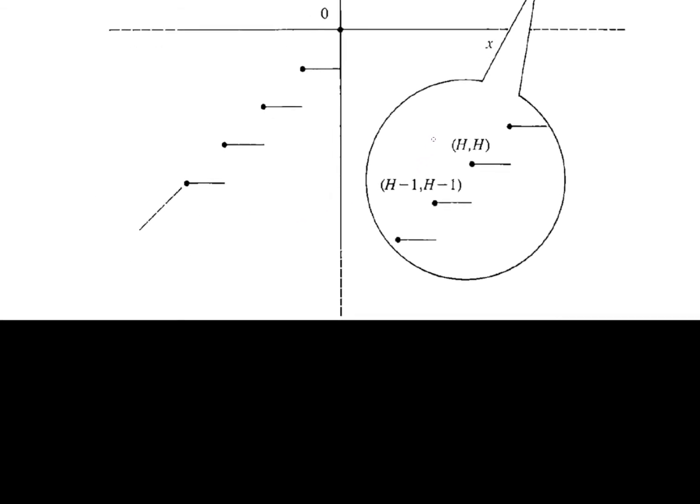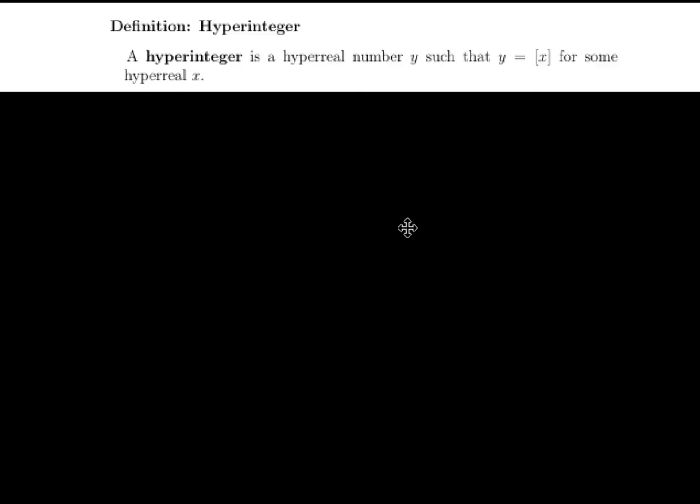So we can give a definition using the greatest integer function for what a hyperinteger would be. Formally, a hyperinteger is any hyperreal number y such that y is equal to the greatest integer of x for some hyperreal x.